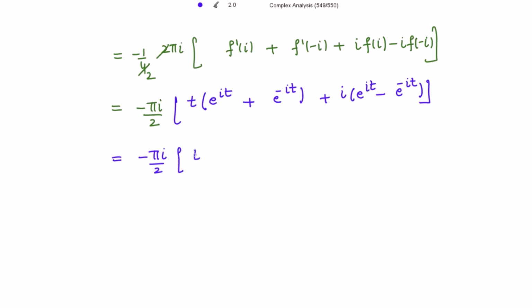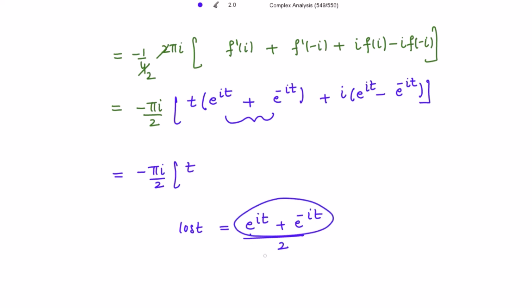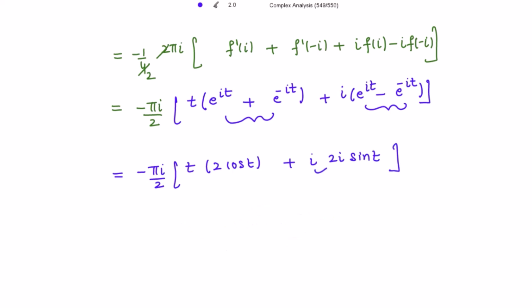Do you remember the formula for cos of t? So instead of this, I am writing twice cos of t. Similarly, for this I am writing twice iota sine of t. And iota square is negative 1, so it is minus 2. Let me take 2 outside from this.